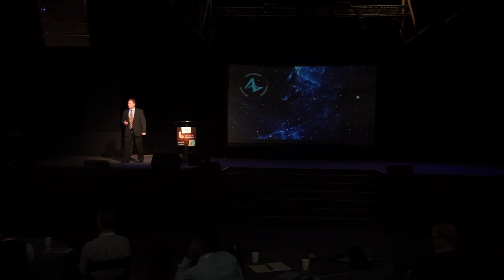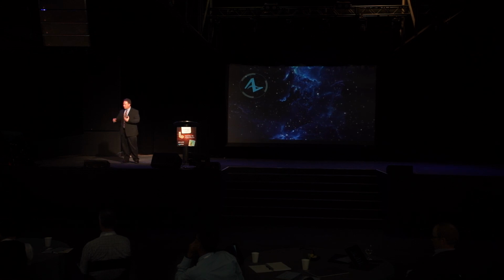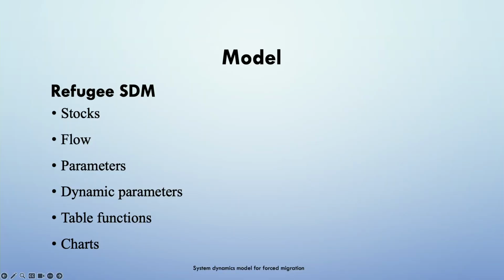You also have reinforcement within system dynamics. So the reinforcement of a variable, such as contact rate or word of mouth, can increase that effect, increase the flow rate. Within the model, I had stocks, flows, parameters, dynamic parameters, table functions, and charts that were included within the system dynamics model.